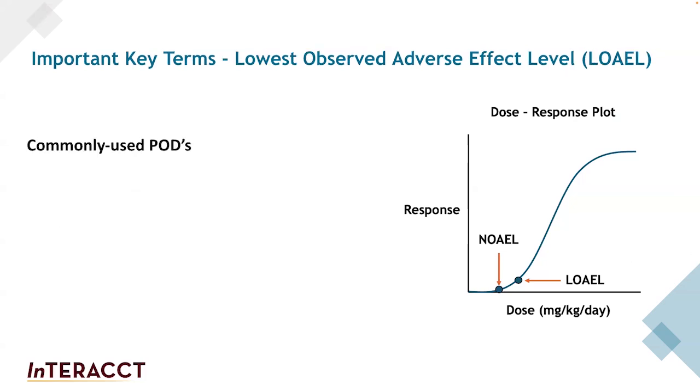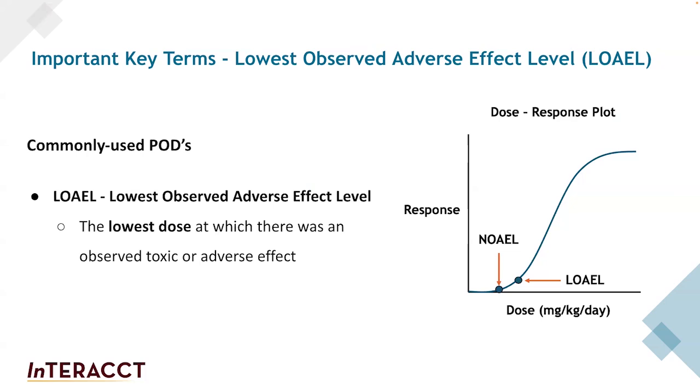Another commonly used point of departure is LOAEL, which stands for lowest observed adverse effect level. This is defined as the lowest dose at which we begin to see an observed toxic or adverse effect in the study population. In the dose-response plot, the LOAEL is the first point where the response clearly rises above the baseline, indicating the onset of a harmful effect.